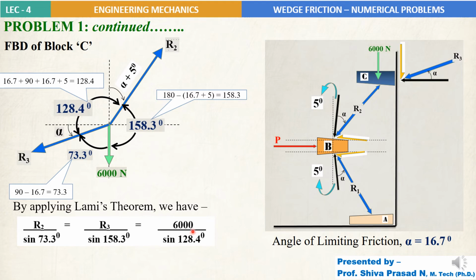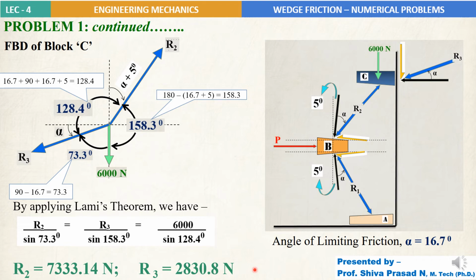That will be equal to 6000, the third force, divided by sine of the opposite angle to 6000 Newton, that is 128.4 degrees, this entire angle. So this gives us R2 equal to 7333.14 newtons and R3 equal to 2830.8 newtons. On solving this Lami's theorem equation, we get these answers.